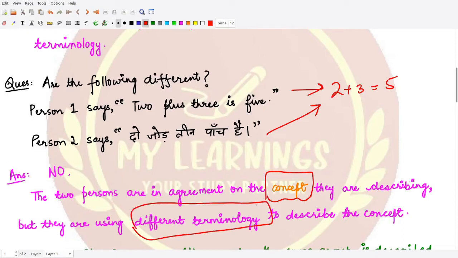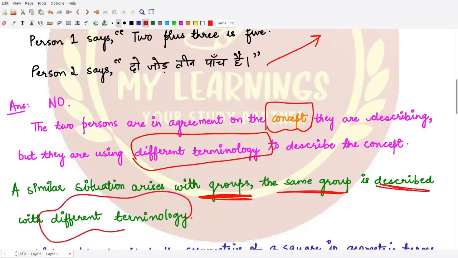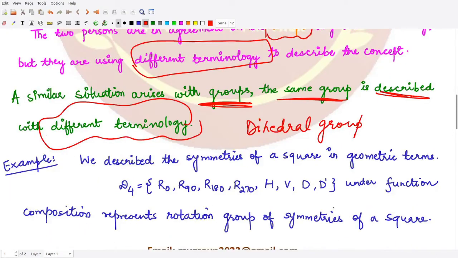Is this clear to all of us? Okay. A similar situation also arises with groups. The same group can be described with different terminology. As an example, we have studied dihedral groups. The dihedral group, which is basically the symmetries of a square, can be expressed in geometric terms.